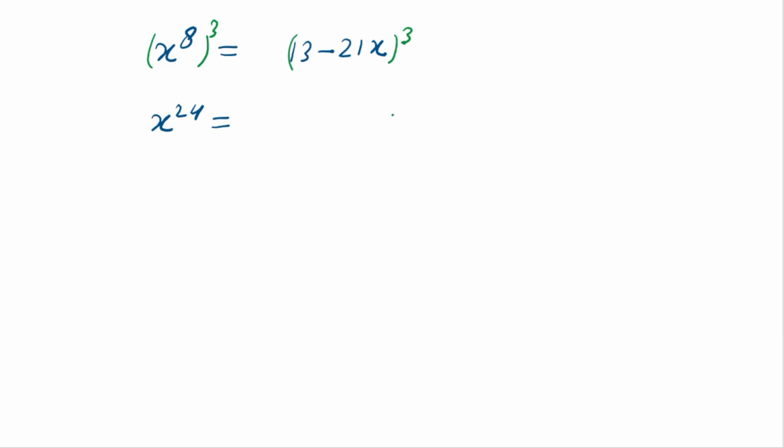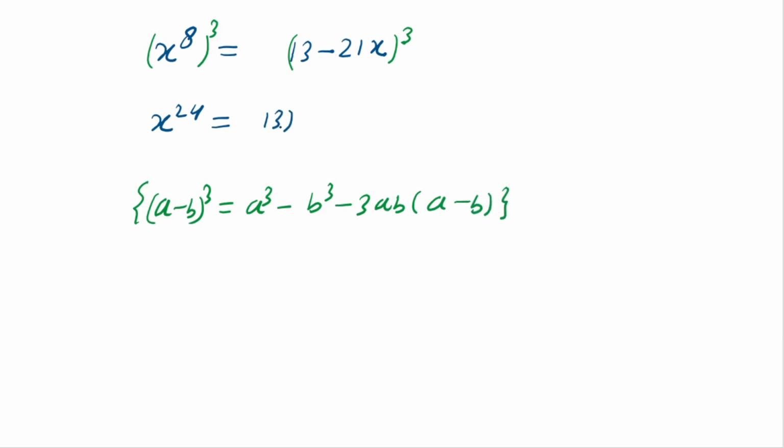We know that (a minus b) whole cube equals a cube minus b cube minus 3ab multiplied by (a minus b). Then the right hand side is 13^3 minus (21x)^3 minus 3 times 13 times 21x times (13 minus 21x).